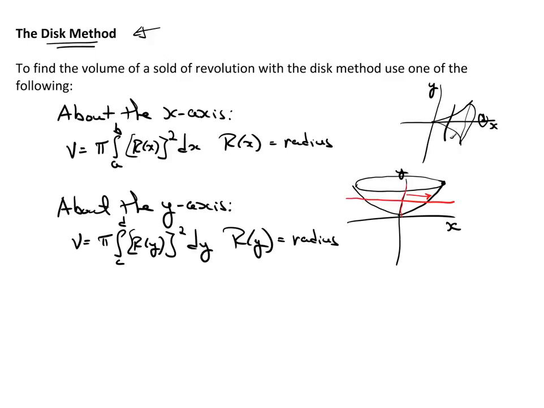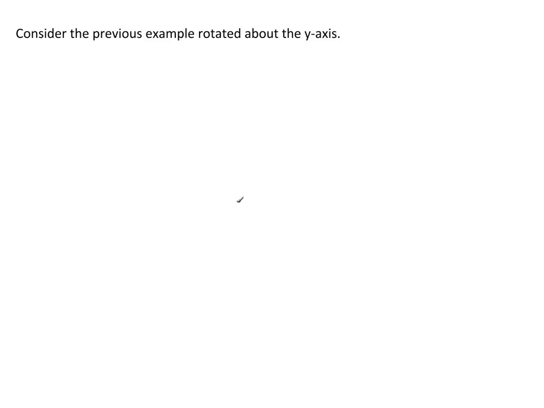Now, when I first developed the idea of the disk method, I already did this particular one where we used x squared over 2, that's this function, and we revolved it around the x-axis, and we found the volume that this thing created. So now let's take a look at this, and this time let's revolve it about the y-axis. So I have f of x equals x squared over 2.